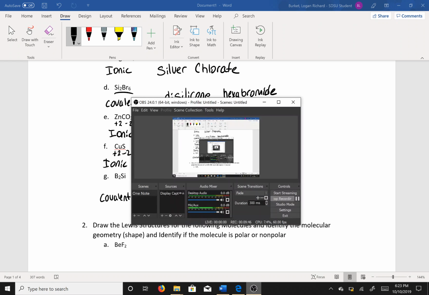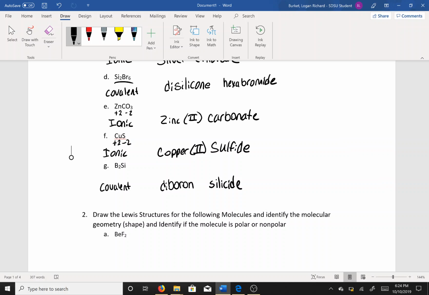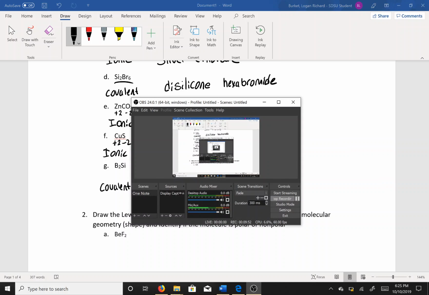One sec, let me check that. It is silicide, so it's diboron silicide. Yep. All right, see you guys. Move on to the next chapter.